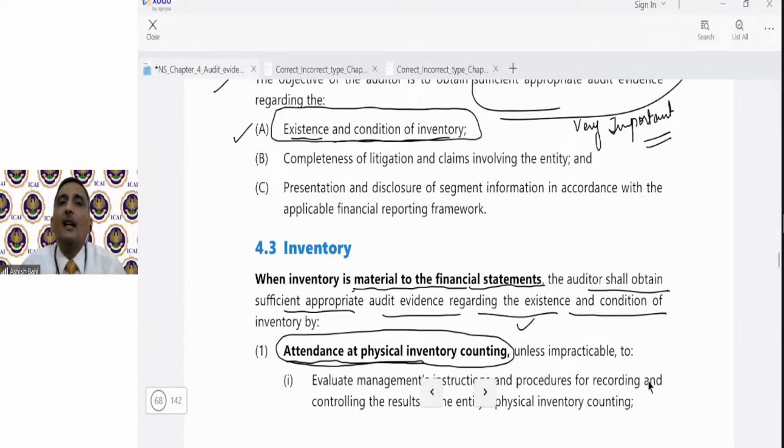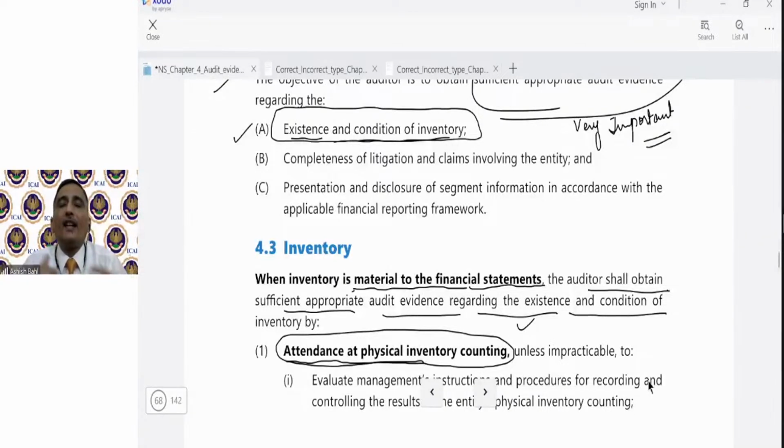Management may have prepared a program that physical verification is to be conducted in such and such way. You would go through those instructions and see the persons actually counting inventories. So by observing, you would also be obtaining audit evidence.